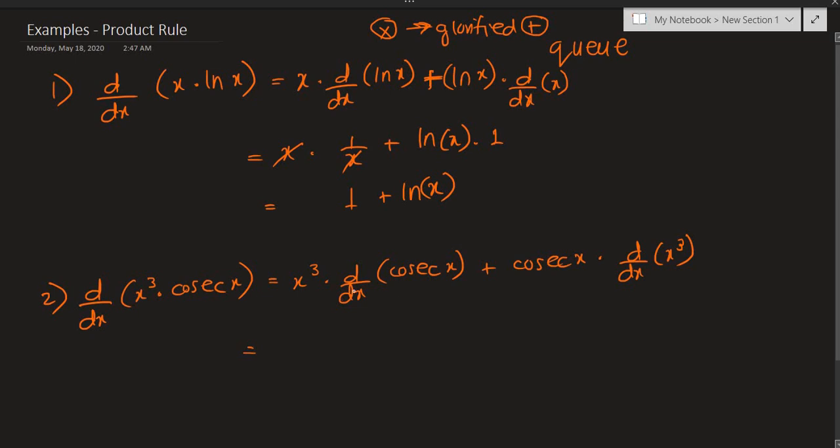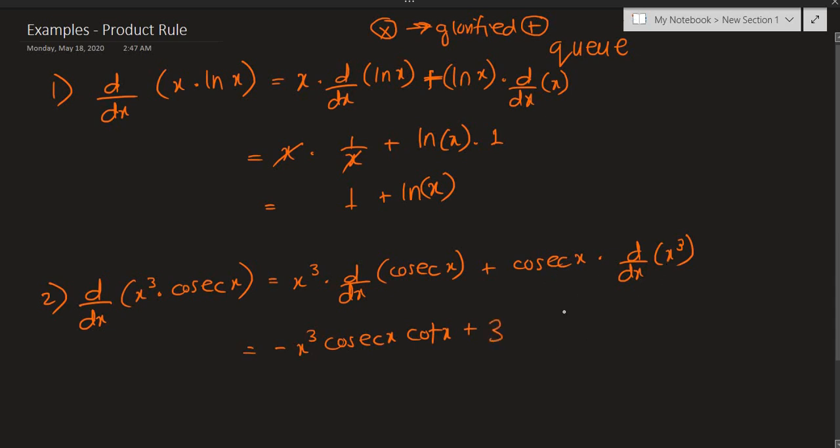So if you remember the derivative of the cosecant of x, it's negative cosecant of x times the cotangent of x. So we have negative x cubed times cosecant of x times cotangent of x plus, what's the derivative of x cubed? 3x squared, right?